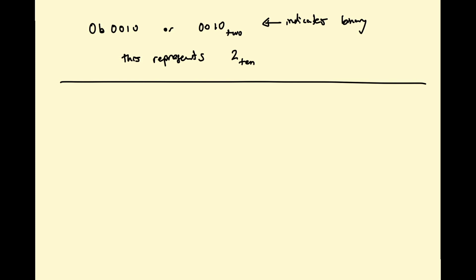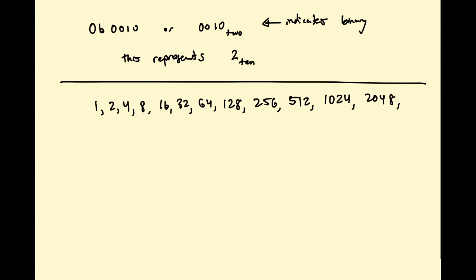In fact, let's just list the powers of 2: 1, 2, 4, 8, 16, 32, 64, 128, 256, 512, 1024, 2048, and so on. I don't know how many of you have played that little game called 2048, where every time you double. All right, so those are the powers of 2.